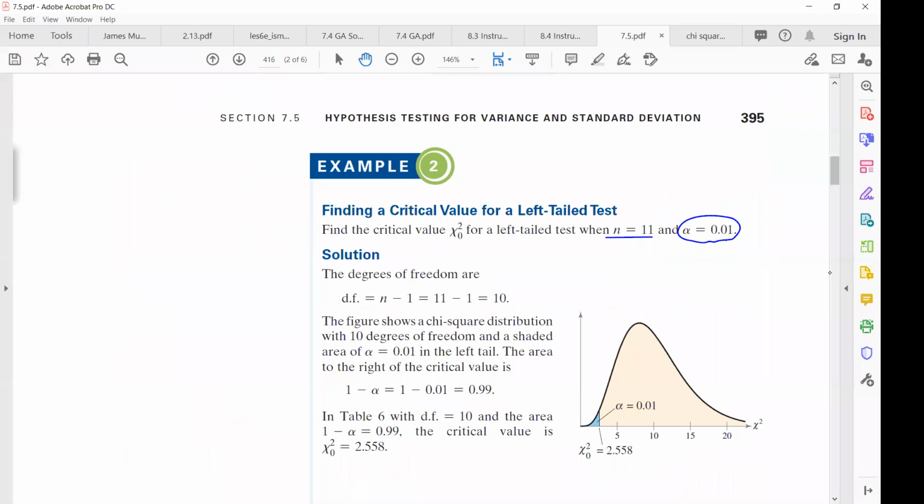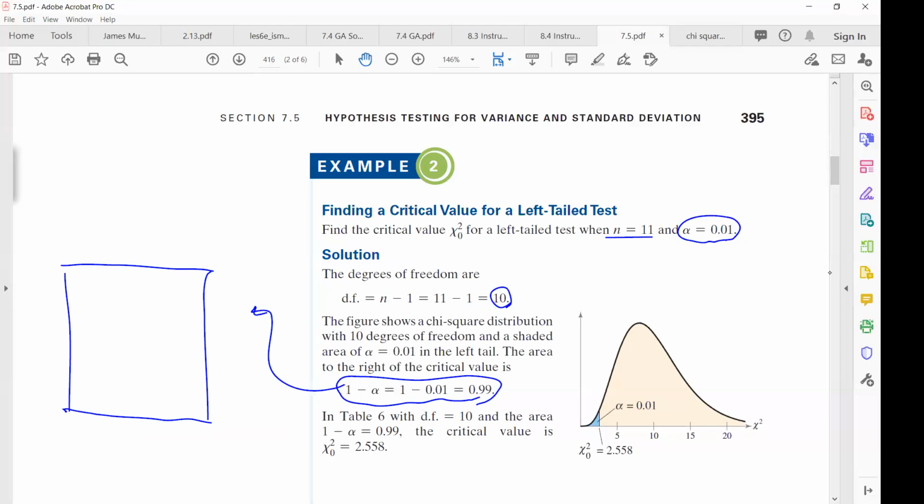First of all, we find the degrees of freedom, which is 11 minus 1, 10. Alpha is equal to 1%. Remember that since you have a left-tailed graph, you have to do a little bit of algebra before finding your critical value. 1 minus alpha is 1 minus 1%, or 99%. Now we look at the table.